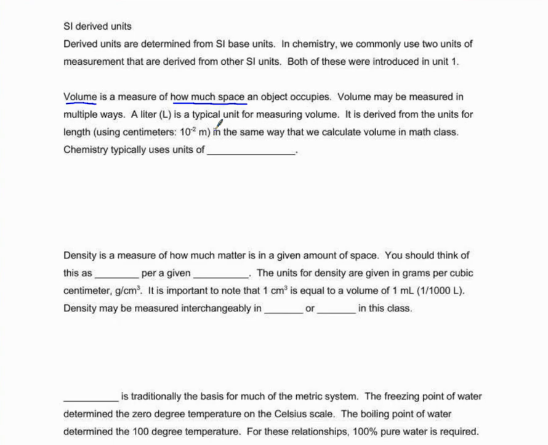So we'll start off with this. This is a cube. All of the sides are supposed to be the same length. So we have a 10 centimeter side here, a 10 centimeter side here, and a 10 centimeter side here.